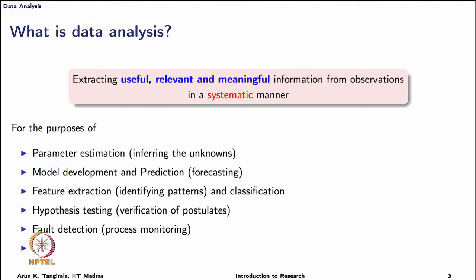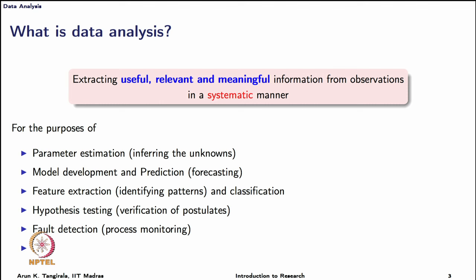A doctor who looks at ECG essentially searches for those peaks and also searches for anomalies in those peaks, and those anomalies could be an indication of an unhealthy heart, for example. So, feature extraction is very common, not just of course in biomedical, but everywhere.